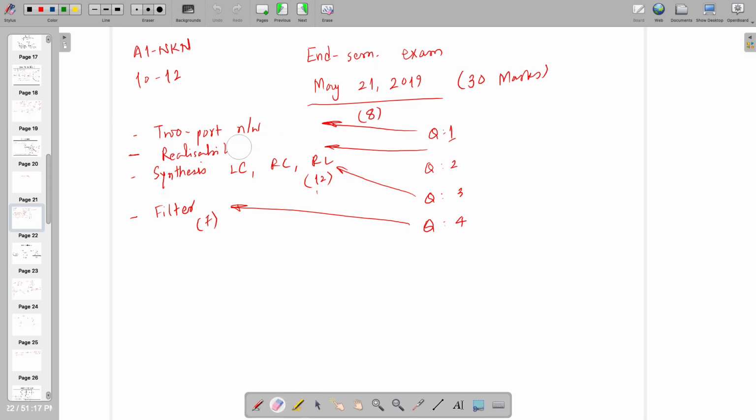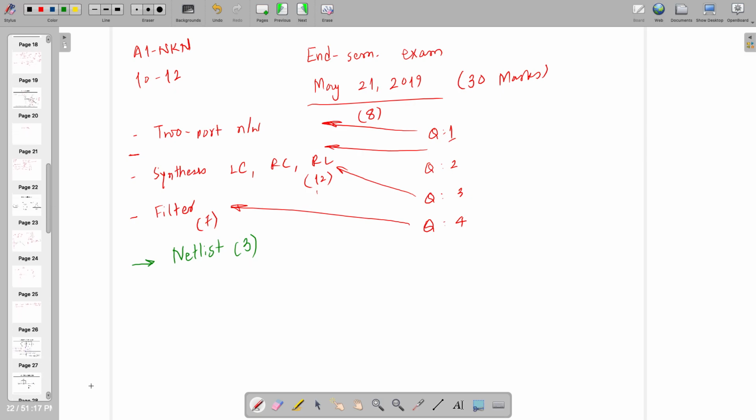Let's forget about this one. Okay, so please practice once, like a SPICE netlist. I'll give you one circuit and you have to write the netlist.